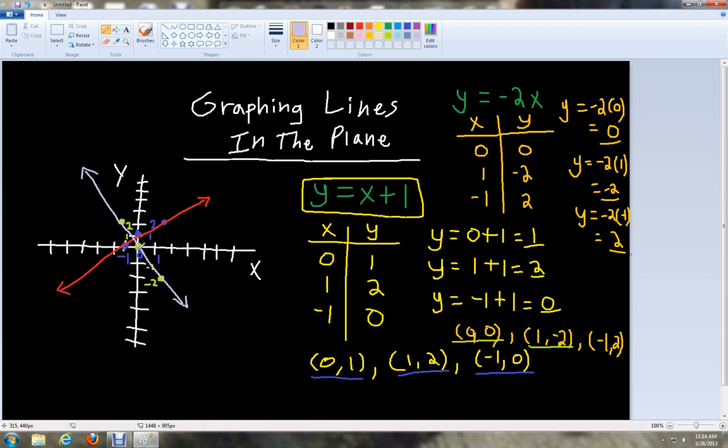But once the x values are decreasing, going this way, or negative, the y values are increasing, getting larger. We'll definitely talk about that in terms of slope, which will be in our next video.